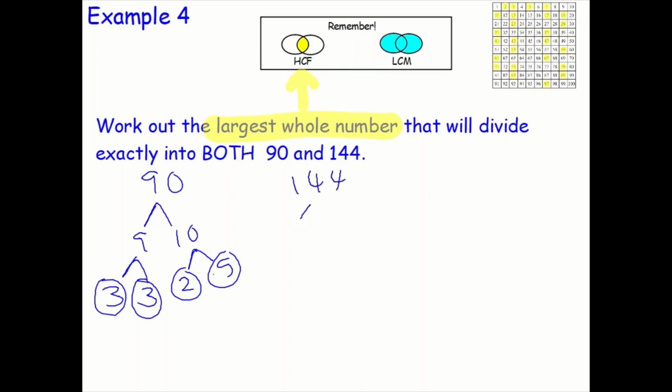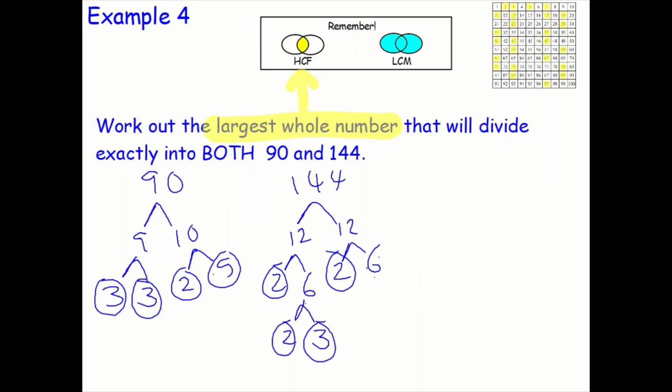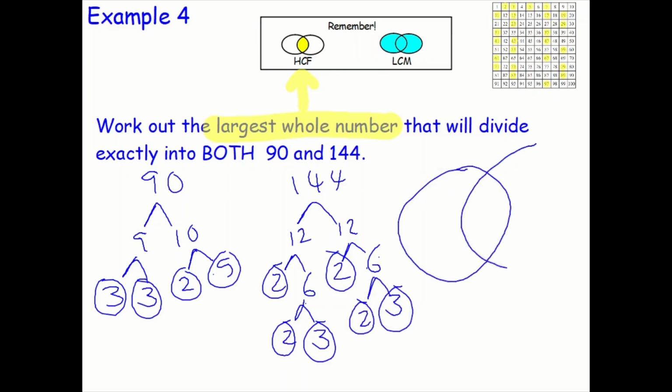144 is obviously 12 times 12, 6 times 2, and 3 times 2. Okay, let's do a Venn diagram for these.